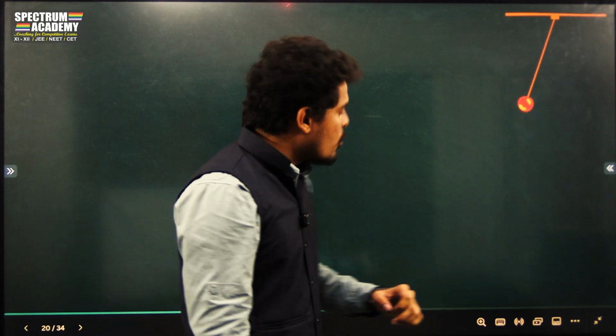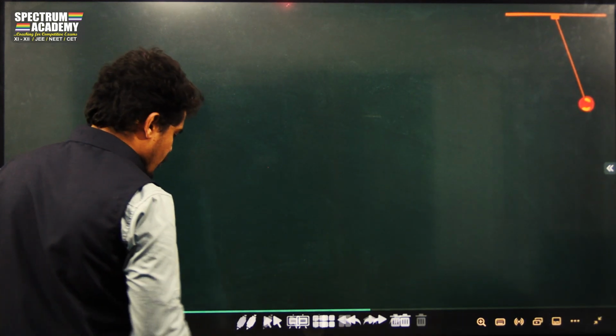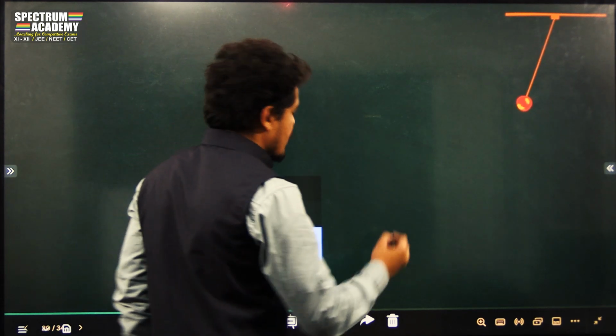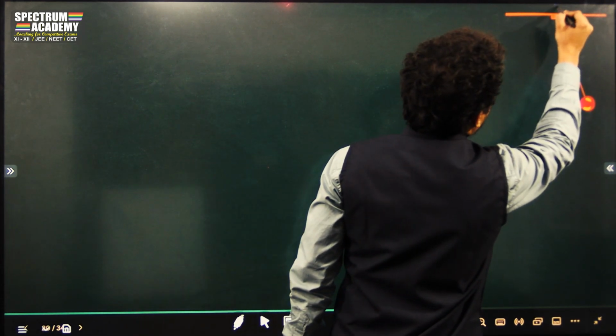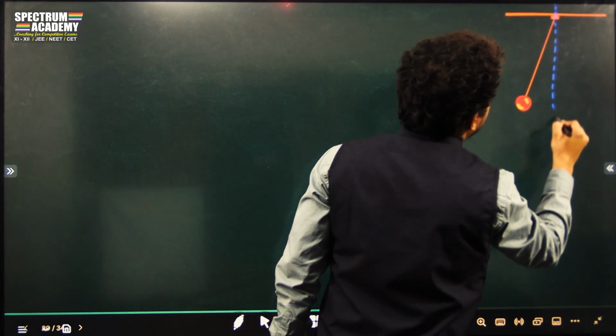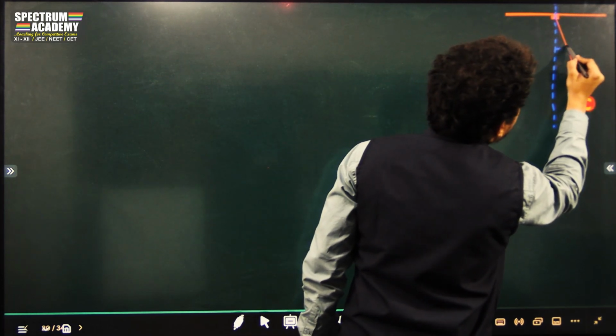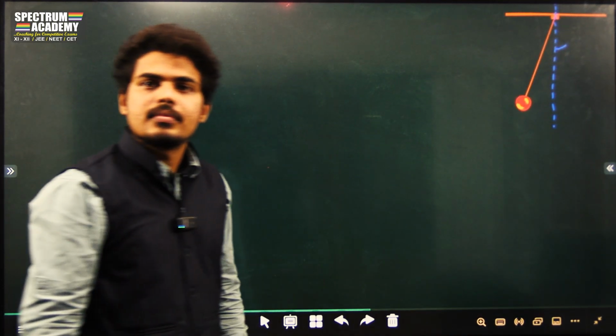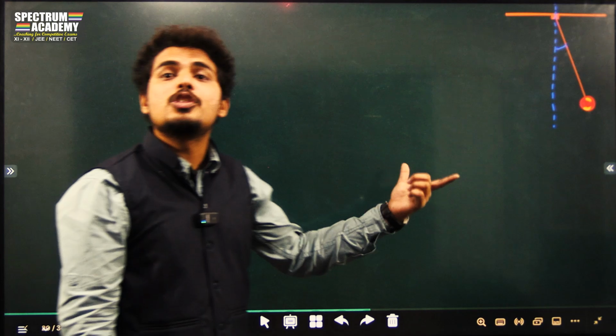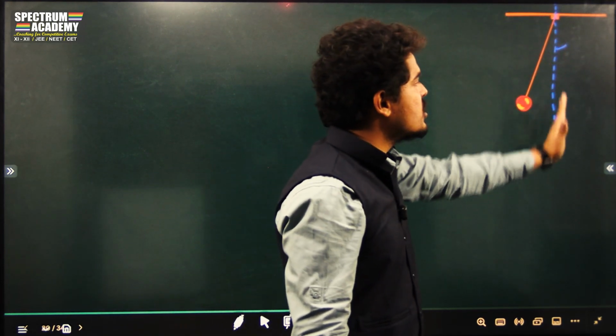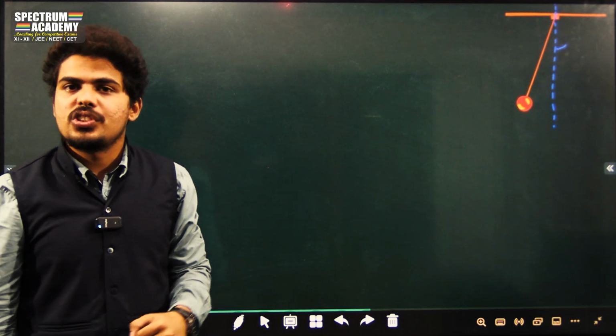Now suppose this is the vertical, this is the line of vertical. You can see that this is theta. There is some angular displacement. This is the mean position. There is some angular displacement from the mean position.